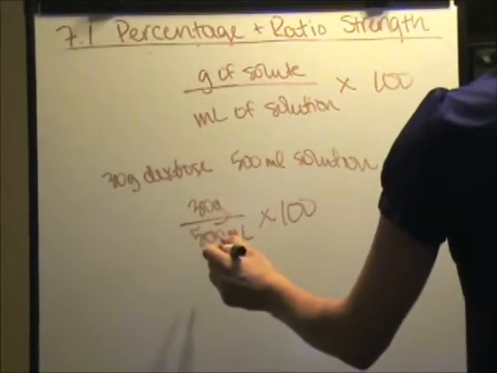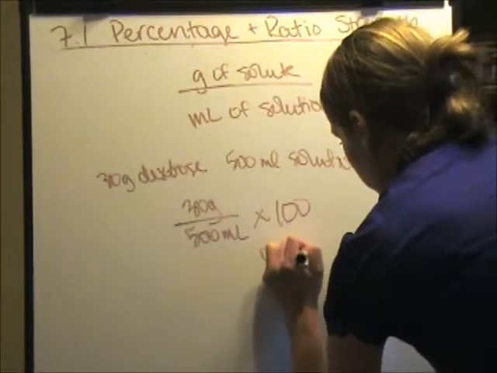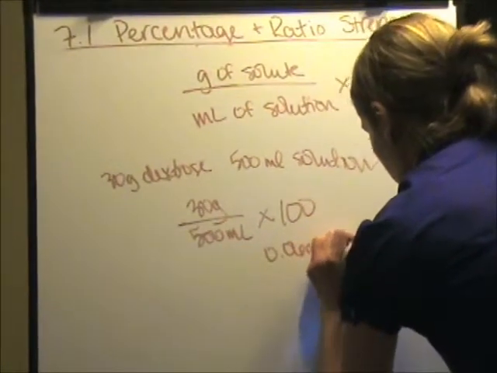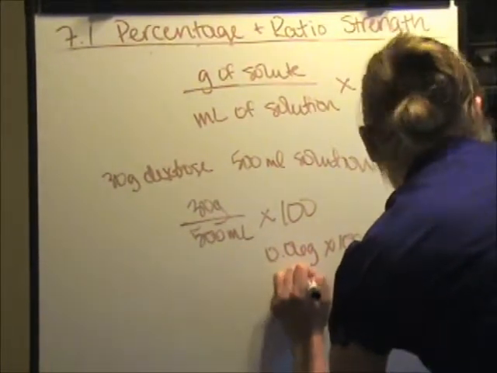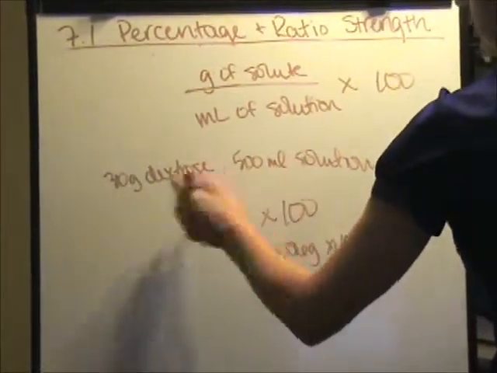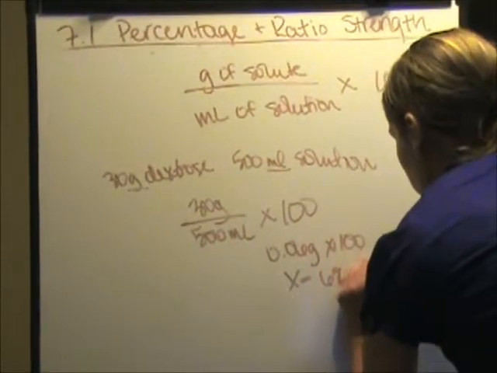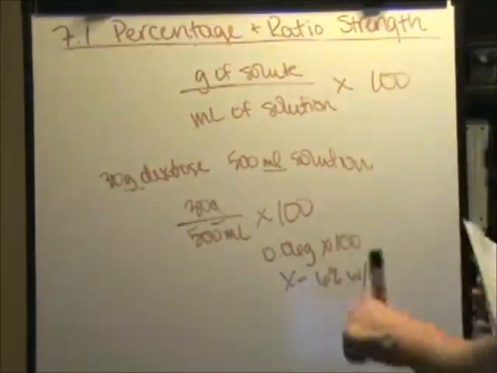So 30 divided by 500 gives us 0.06 times 100, and that is going to give us 6%, and it's going to be weight and volume because you have solid and liquid. And that's just written as W/V.